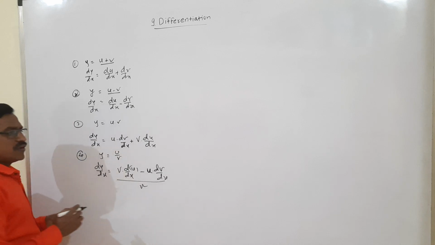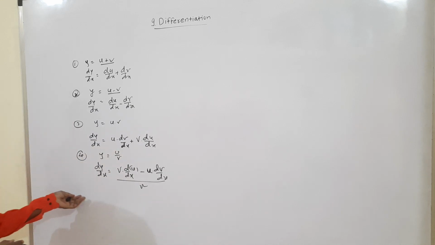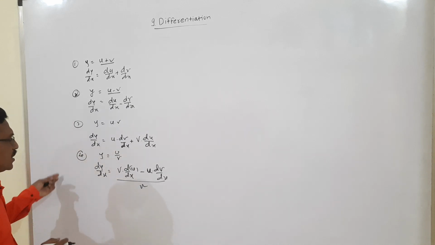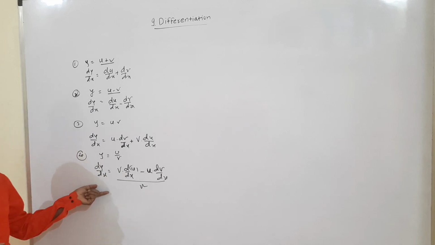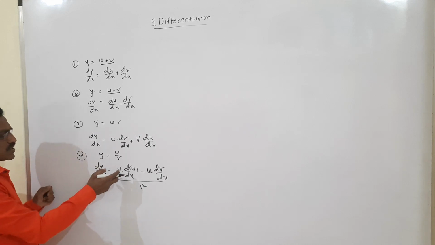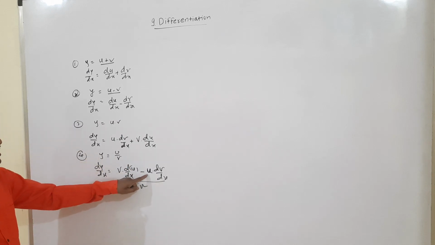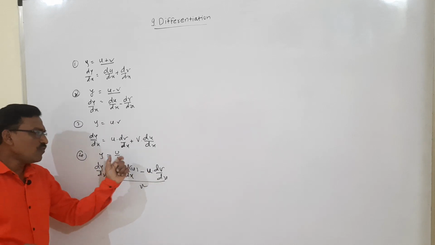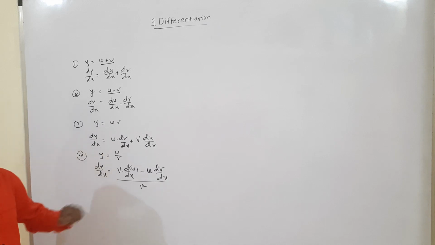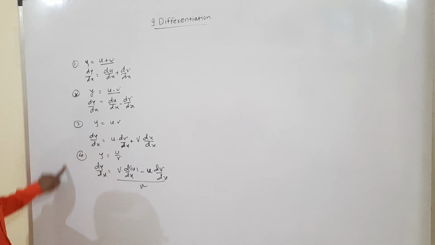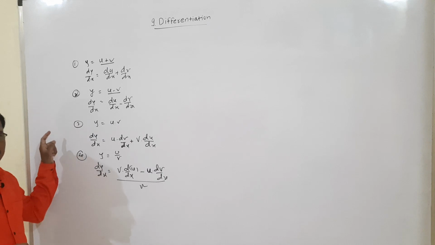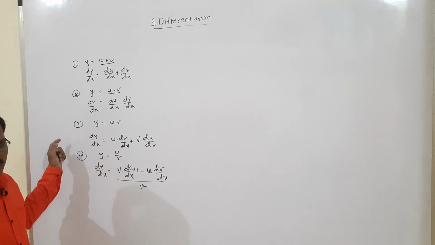So whenever our functions are in the form of u by v, you may use this rule: v function as it is, derivative of u, then minus u function as it is, then derive v function, and the whole divided by v square. So these are the four rules we have already studied in the previous lecture.